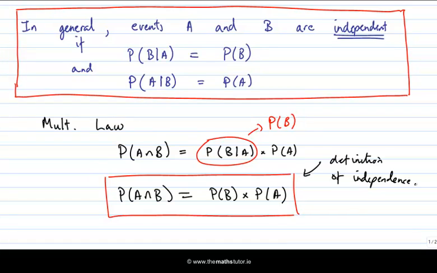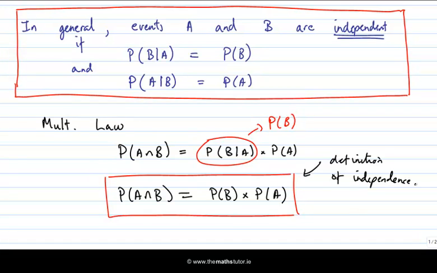Okay, so what have we done here? Well, we started off with an intuitive idea. The intuitive idea of independence is that the two events don't affect each other. So think about the coin flip and the die roll. Those two things don't affect each other, so we think of them as being independent. Intuitively then that tells us something about conditional probabilities.